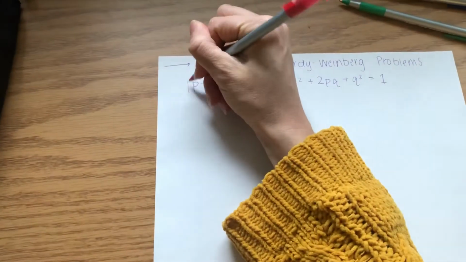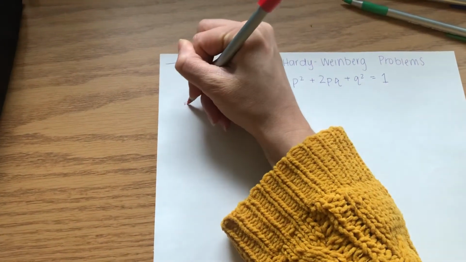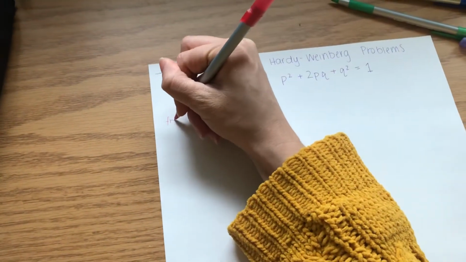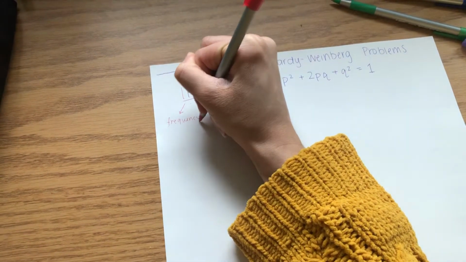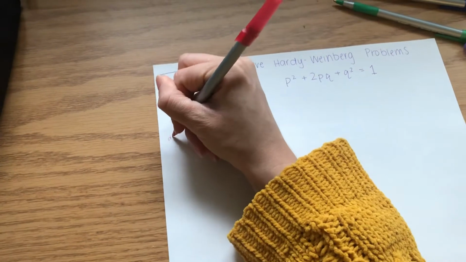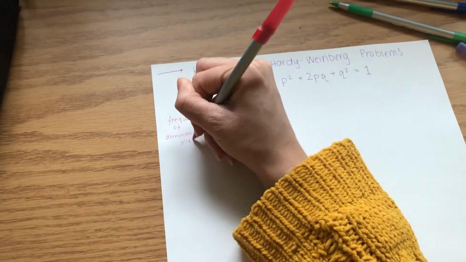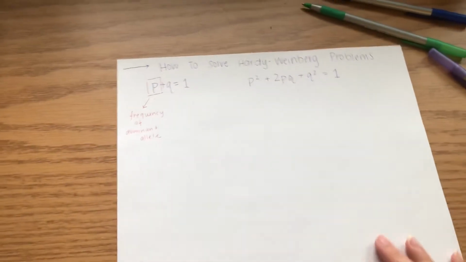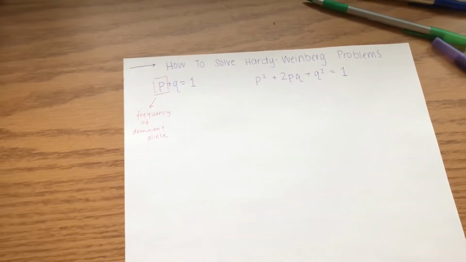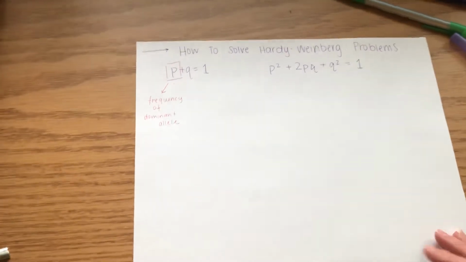So let's start with P. So P by itself is the frequency of the dominant allele. So to help us understand this a little bit more, I'm just going to assign letters because that's how we've been seeing it before for genotype.